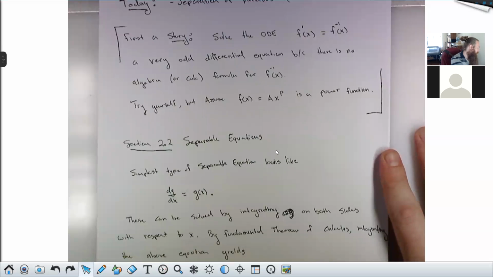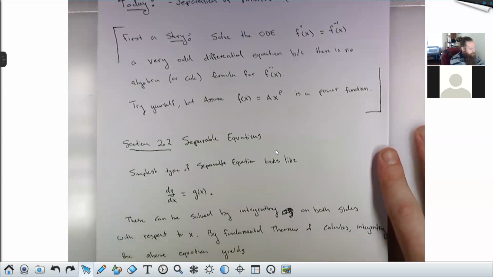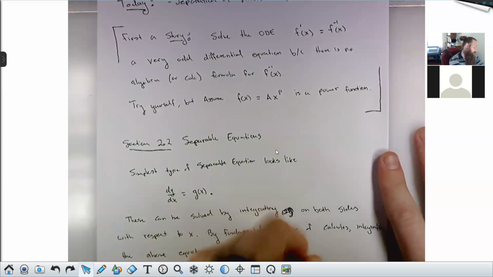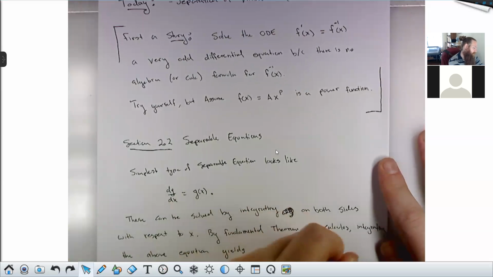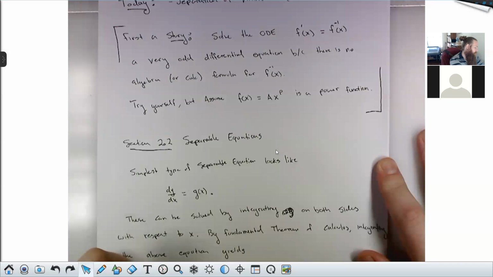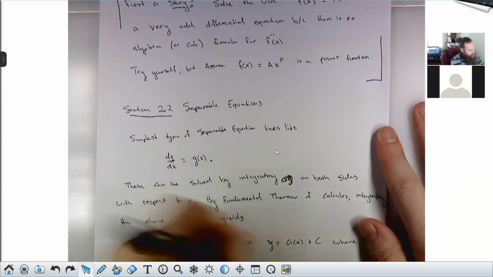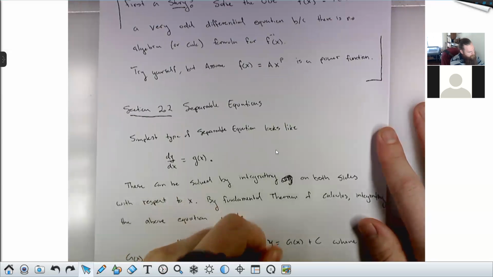And we would have a plus c here, right? I.e., y equals capital G of x plus c, where capital G is an antiderivative for little g.